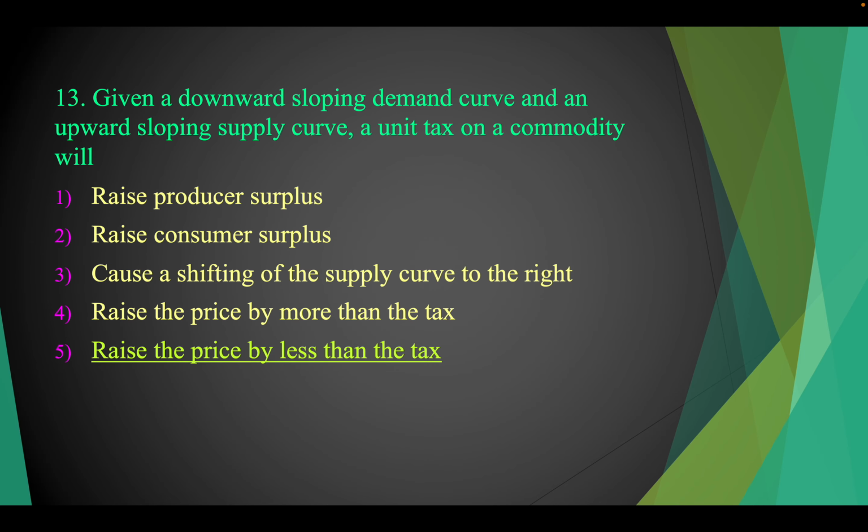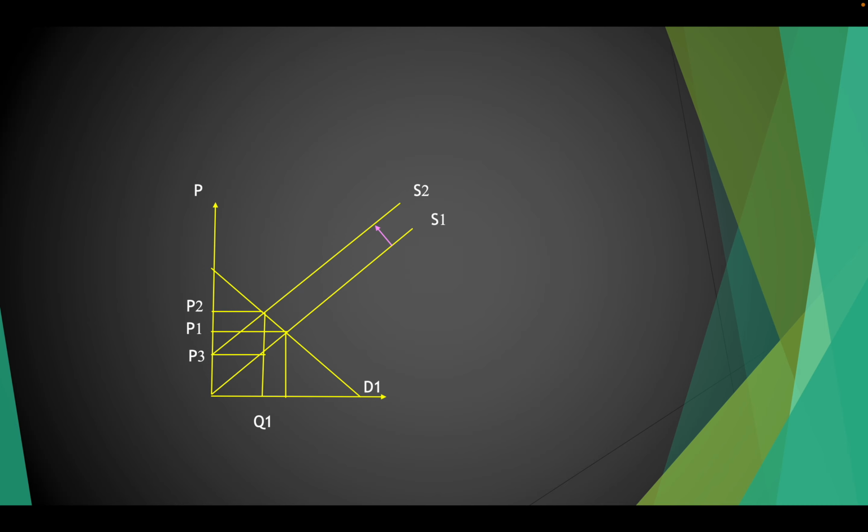Then the 13th question. Given a downward sloping demand curve and an upward sloping supply curve, a unit tax on a commodity will. This is the unit tax. You can see when there is a unit tax, the supply curve shifts leftward, parallel to S1, the S2 you can see.